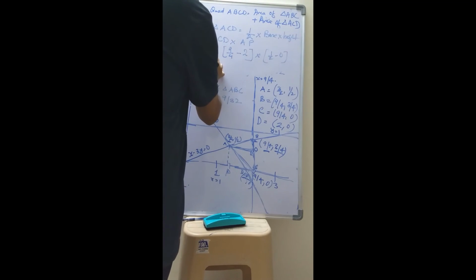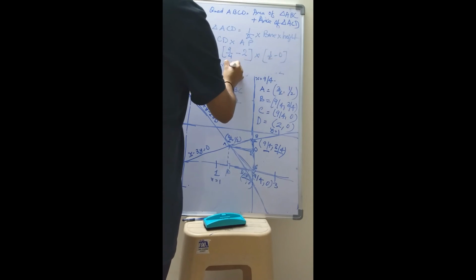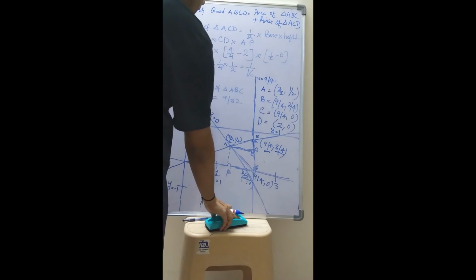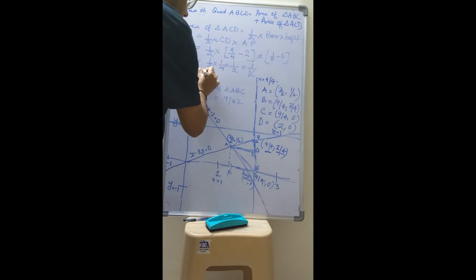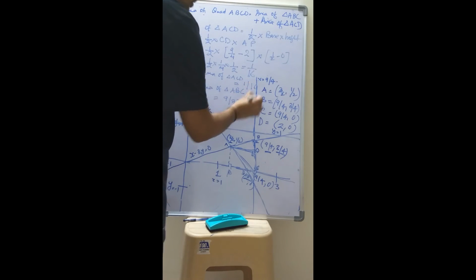This is half into 9 by 4 minus 2, which is 1 by 4, into half. This becomes 1 by 16. So the area of triangle ACD is equal to 1 by 16.